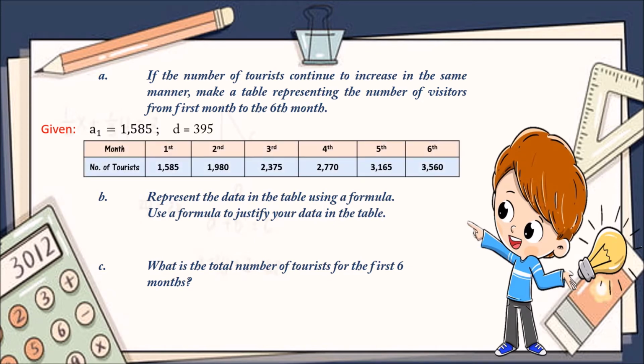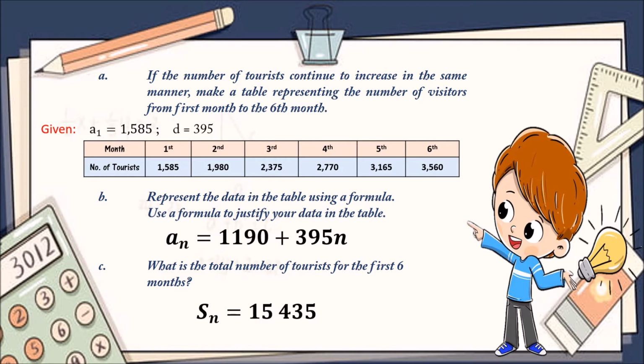Pareho ba tayo ng sagot? Very good. So, for letter B, hinahanap ay isang formula. So, we have A sub n is equal to 1,190 plus 395n. And for letter C, we have S sub n is equal to 15,435.